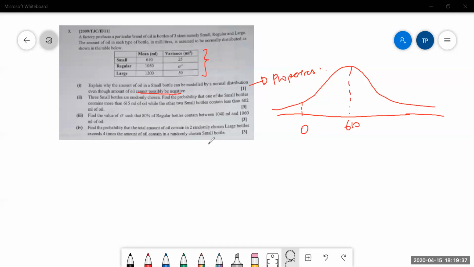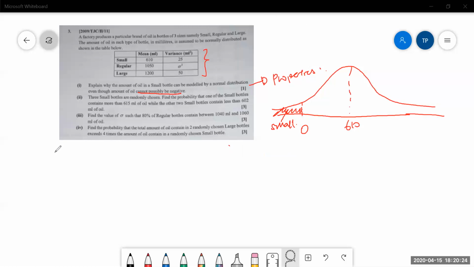That's the answer. Because the probability of S less than 0 is negligible. They are saying that this probability here is very small. That's why it can still be a normal distribution.